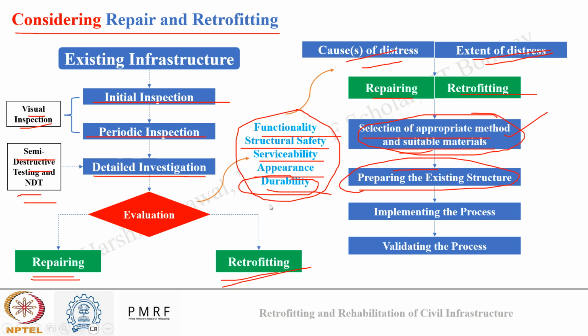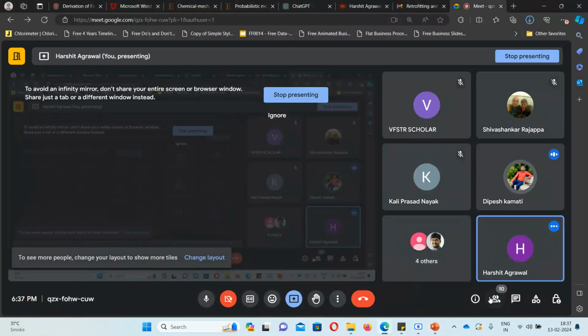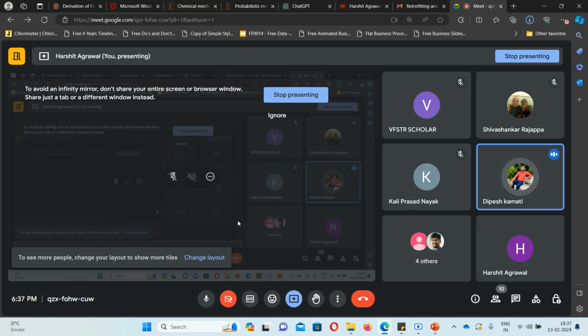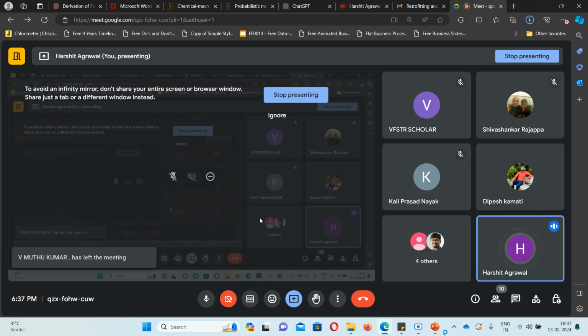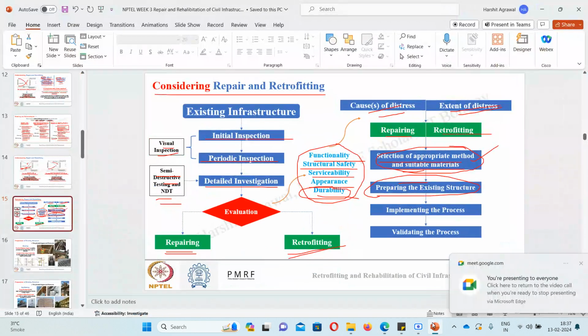Any doubts to anyone? I heard a beep sound. That's why. Excuse me, sir. I think repair can also increase the strength of the structure. Please elaborate what was your doubt or what is the concern. Actually, sir, I'm thinking that if you repair the structure, it will increase the strength also.